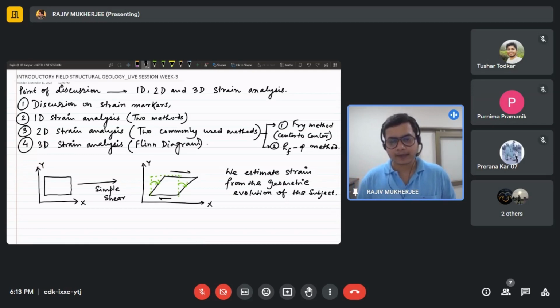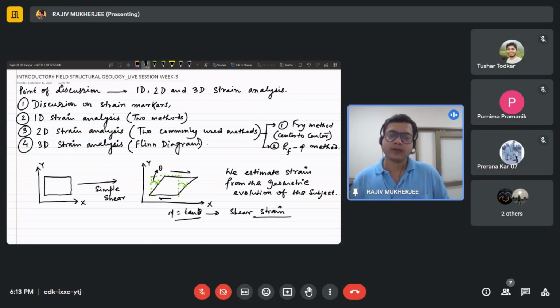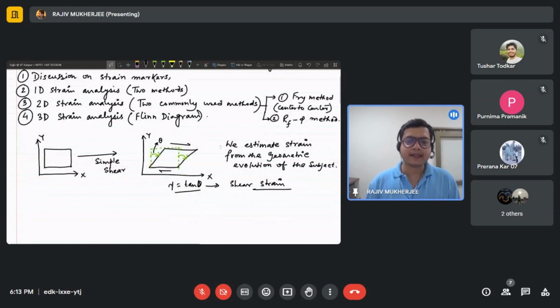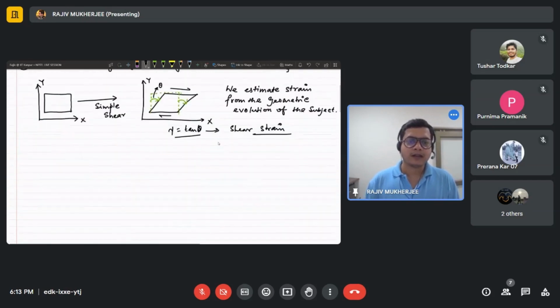So then you can apply the classical formula. So if this is theta, then gamma is simply tan theta, and from there you can have an estimate of the shear strain, the magnitude. But in order to calculate this magnitude, you need the initial shape of the object. The same thing can be also done while applying pure shear, right?